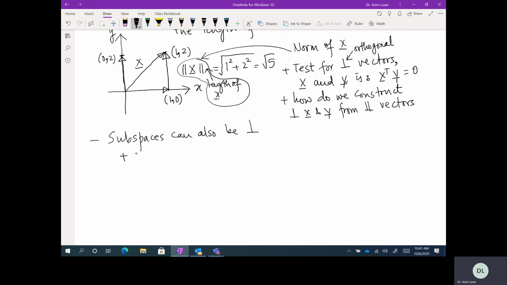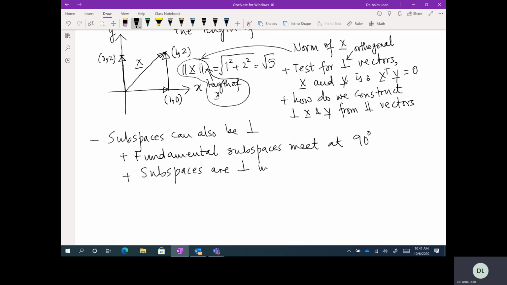So we'll see, probably in the next lecture or maybe by the end of this lecture, that the fundamental subspaces meet at right angles, at 90 degrees, and the subspaces are orthogonal in pairs, meaning two in Rn and two in Rm.